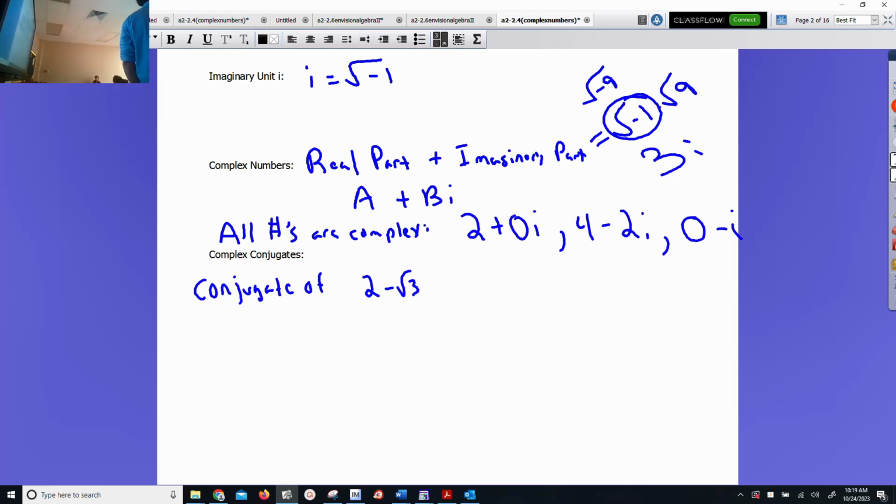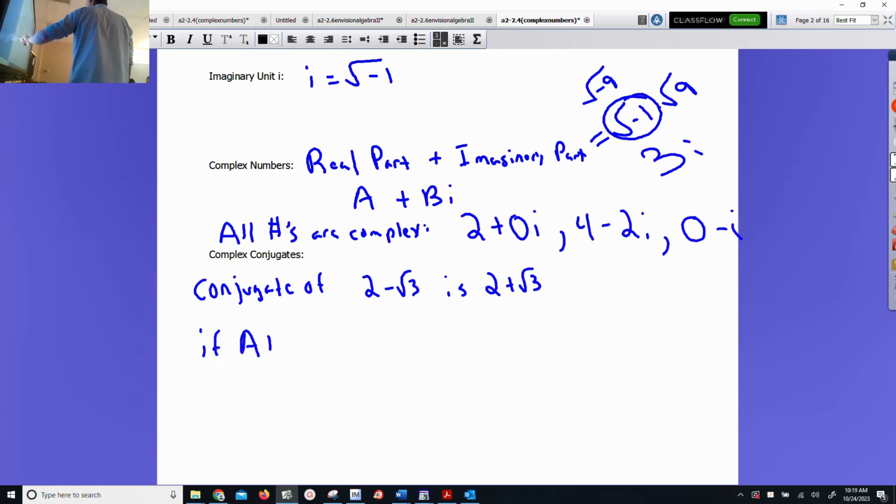Anybody remember what the conjugate of 2 minus root 3 is from Algebra 1? Bunch of nopes. All right, conjugate of 2 minus root 3 is 2 plus root 3. What changed signs? The radical changed sign. Works the same way with complex conjugates.